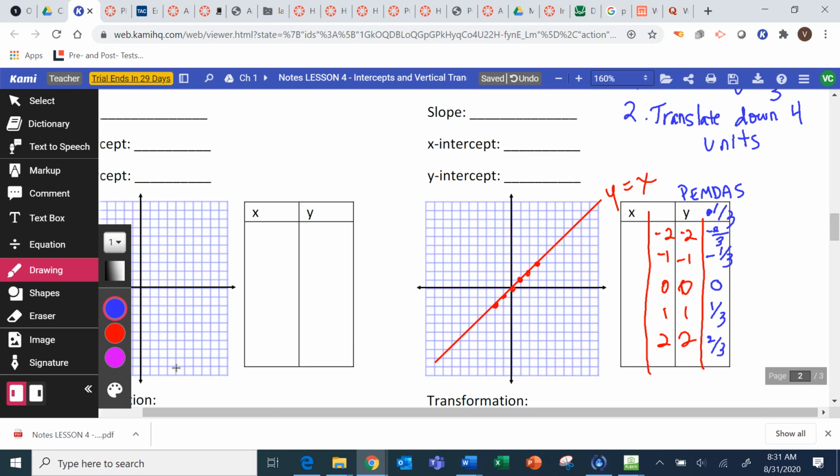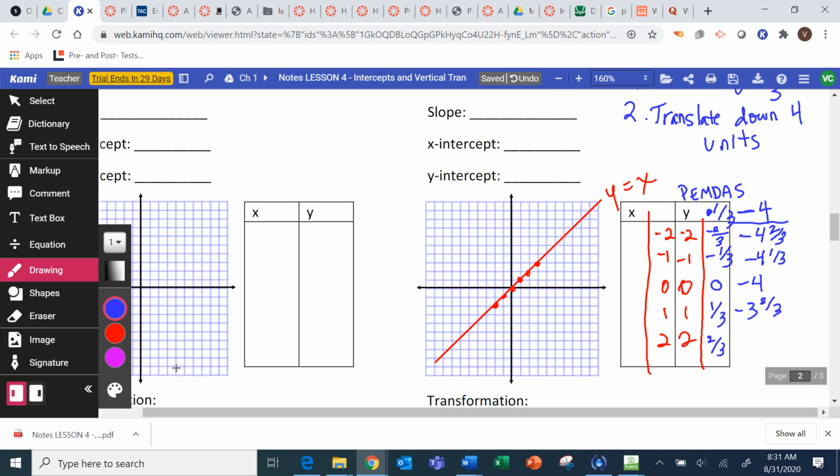Then we are going to translate down 4 units. So after I multiply by 1/3, now I'm going to subtract 4 from that previous answer. So -2/3 take away 4 is -4 and 2/3. -1/3 take away 4 is -4 and 1/3. 0 take away 4 is -4. 1/3 take away 4 is -3 and 2/3.